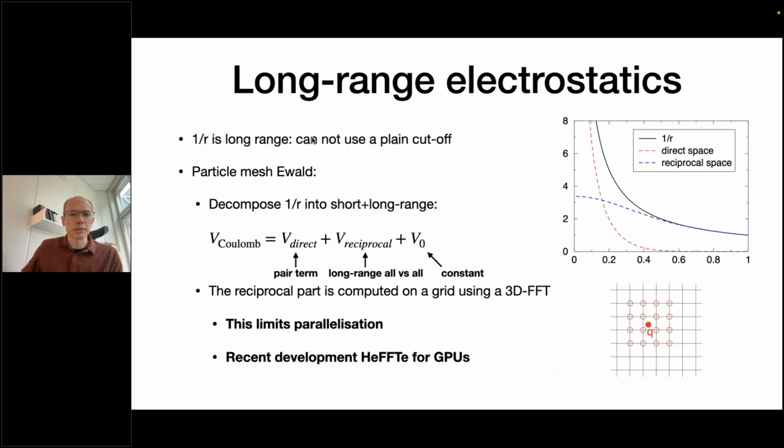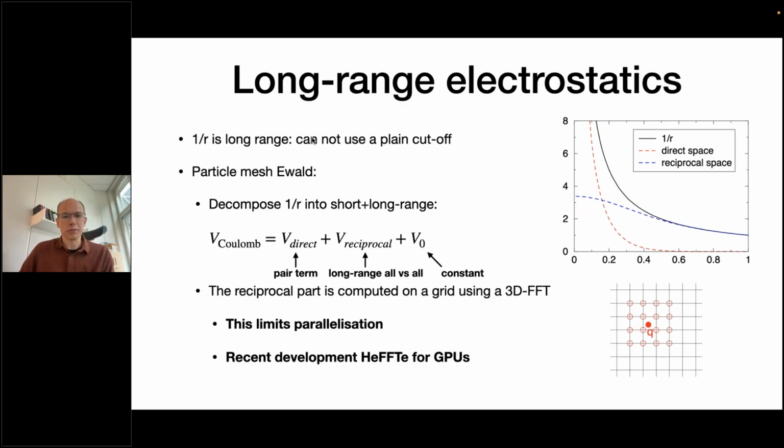For that, we use long-range electrostatics. The standard method in the field nowadays is particle mesh Ewald. Here you decompose the 1/r potential into a very quickly decaying part, the red dashed line in the plot on the right, and the complementary reciprocal space part, which is now very smooth.